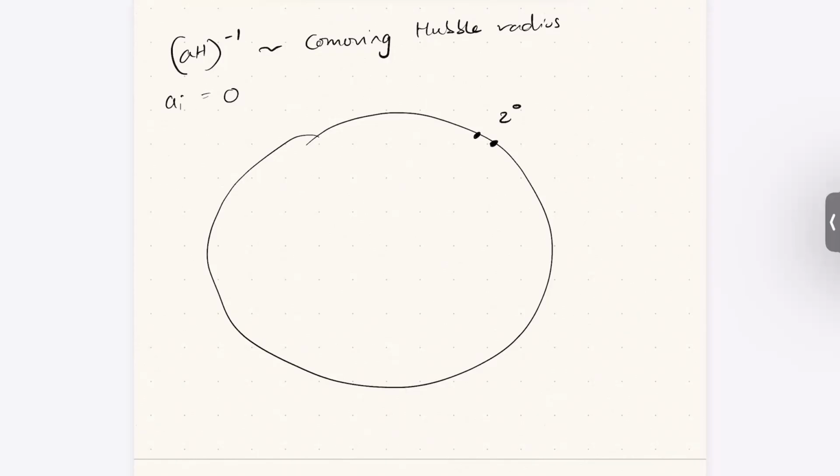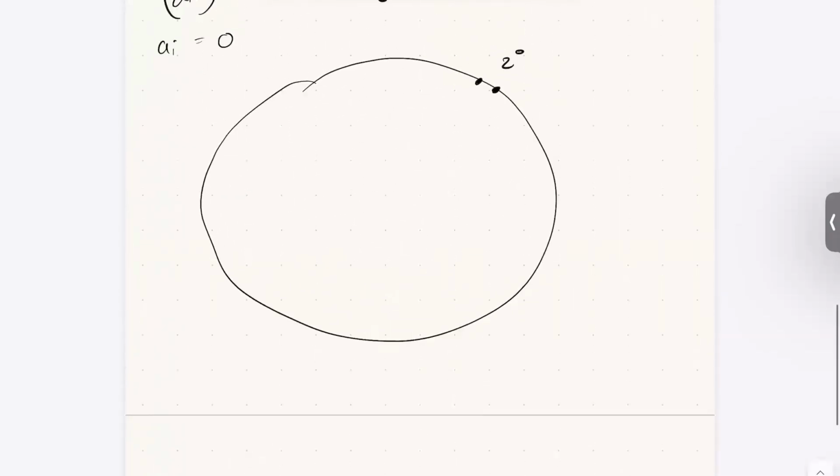So let's put that hanging and look at the other problem more explicitly. Oh, another note that I want to make: what I mean by being causally disconnected is they were not inside each other's particle horizons. So let's say I am over here, and this is my particle horizon. I will only be able to see what is inside my particle horizon, right?